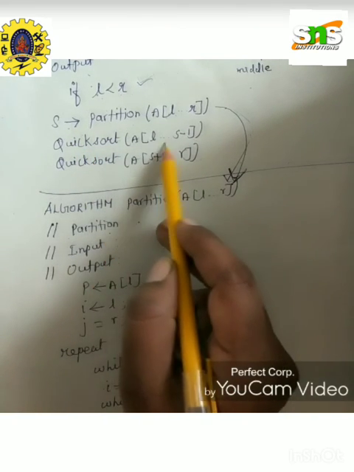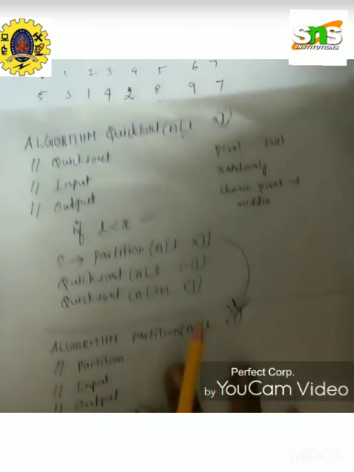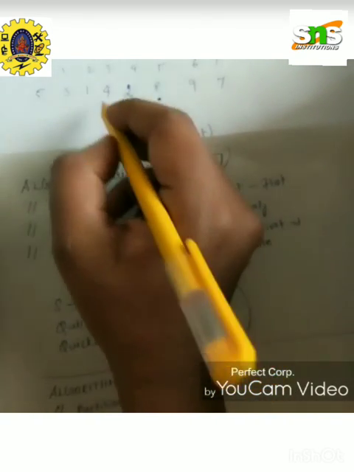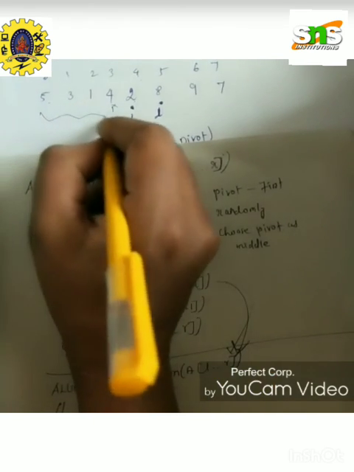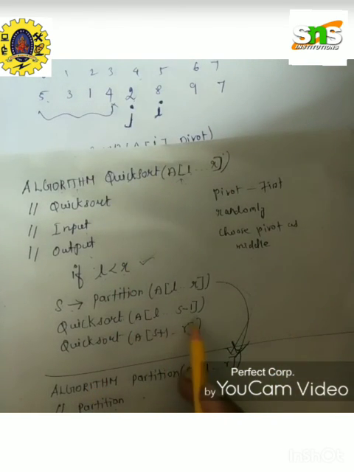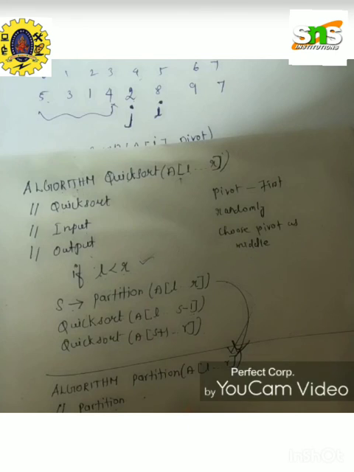Then quicksort of A to S minus 1. S minus 1 is 3, so this is a separate list up to this. S value is 4, 4 minus 1 is 3. This is a separate list. And next one, S plus 1.